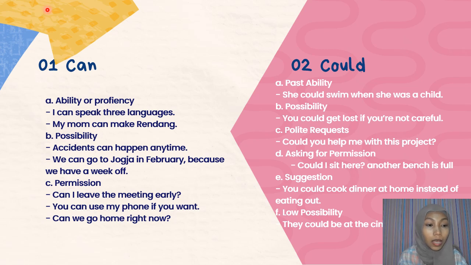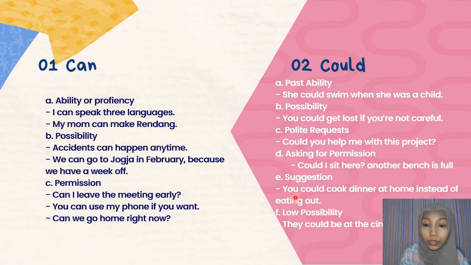Next, could can also be used to ask for permission, but this is a more polite or formal way to ask if we are allowed to do something. For example, could I sit here? The other bench is full. Next, could is used to give advice or recommendations, suggestions.